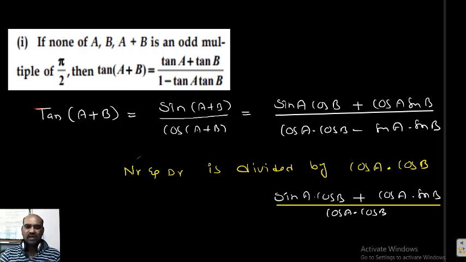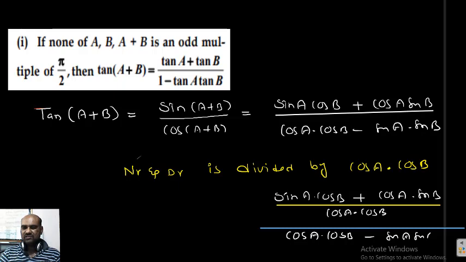Now I want to write the denominator with another division symbol. Students listen. Now I want to write the denominator. What is that? Cos a cos b minus sin a sin b, should be divided by cos a cos b.